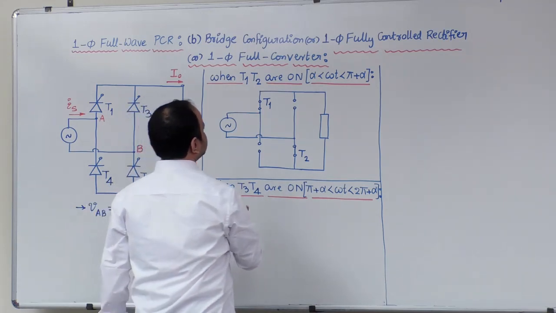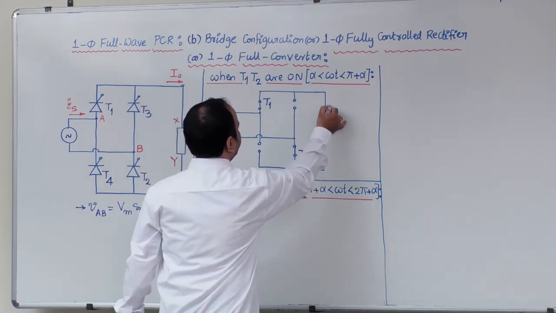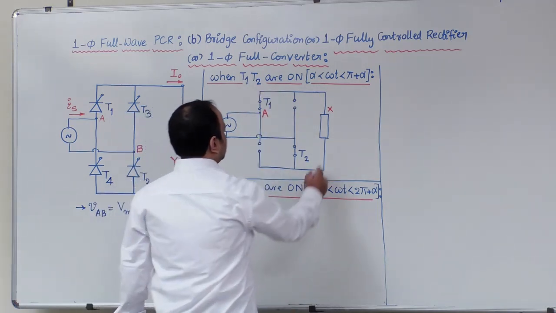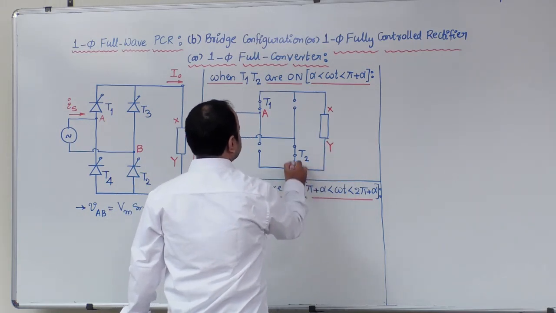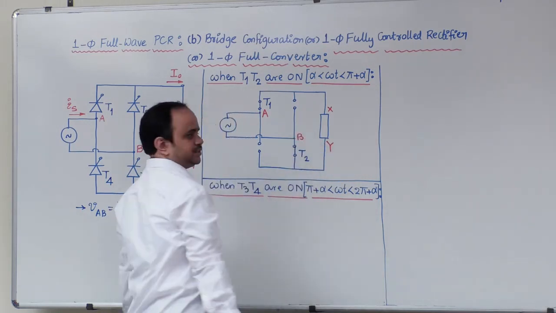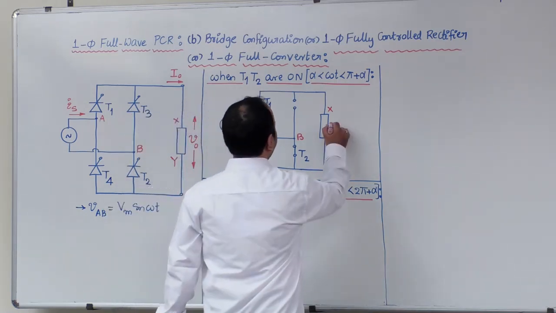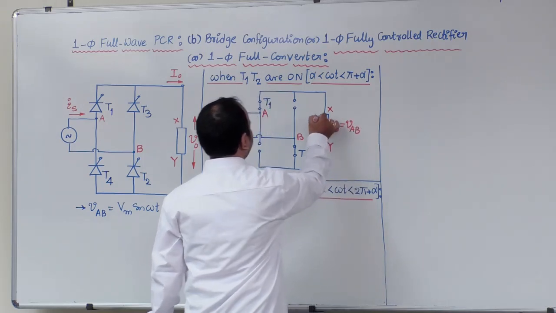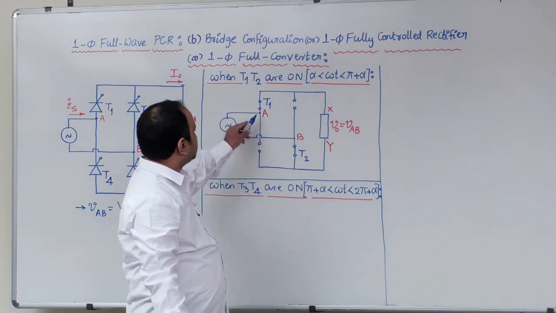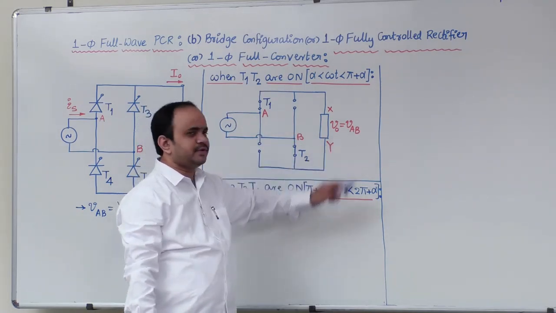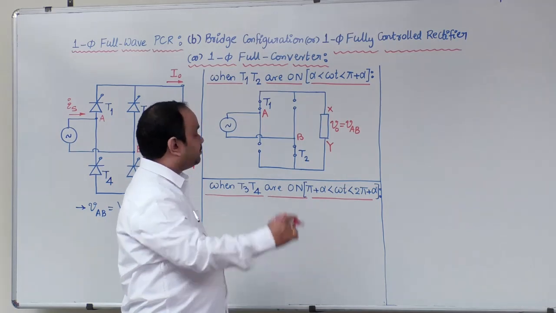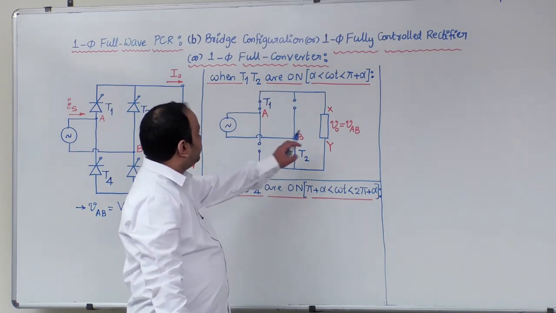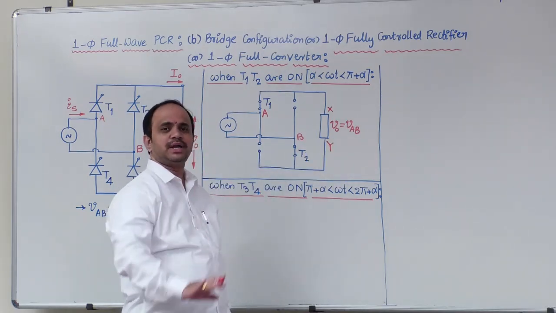Once you close these 2 devices, we can easily understand that the X terminal is connected to source terminal A, and the Y terminal is connected to source terminal B through T2. Therefore, what is the output voltage? V0 is equal to VAB, because X is connected to A and Y is connected to B. In the beginning I told you that when the conclusion is VAB, follow the blue color sinusoidal.